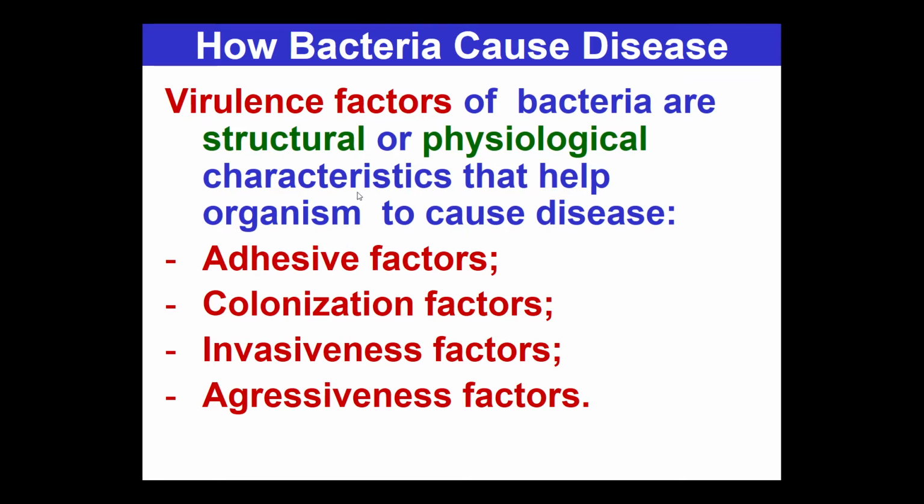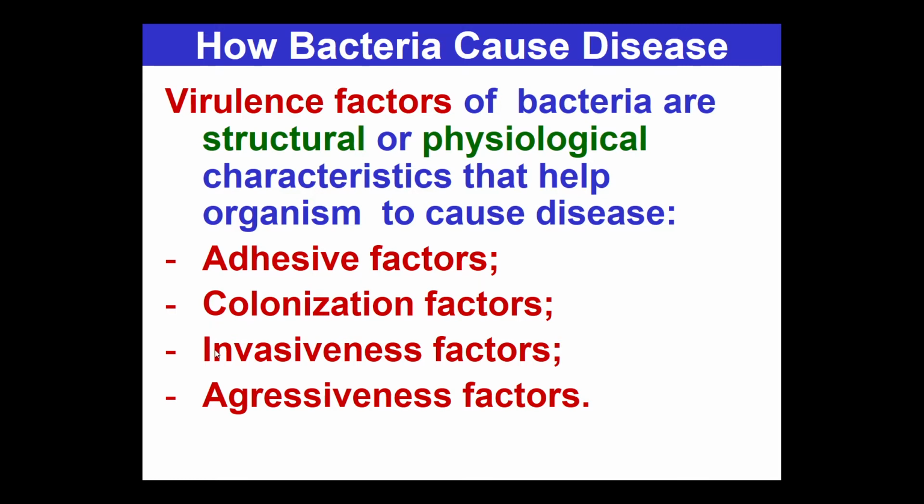Virulence factors are classified into adhesive factors, or adhesins. This makes possible the sticking of bacteria to the human cells. Second group, colonization factors. They help not a single bacterium, but a colony of bacteria to survive in a certain part of the human body.